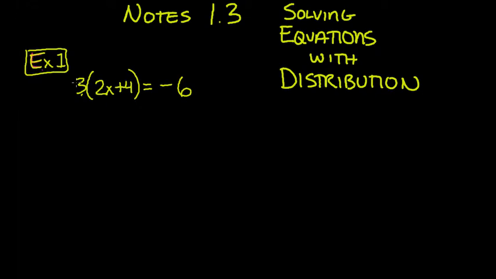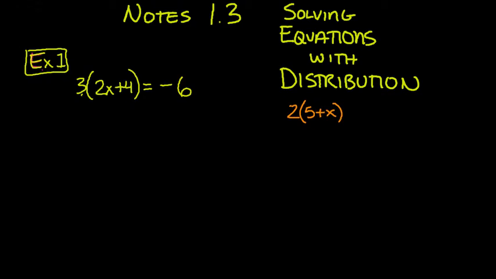Usually when you see the distributive property, you're going to do that first. Anytime you see a distributive property inside of an equation or anything, you want to do it first. You want to get the parentheses out of the way and then deal with whatever's after it.